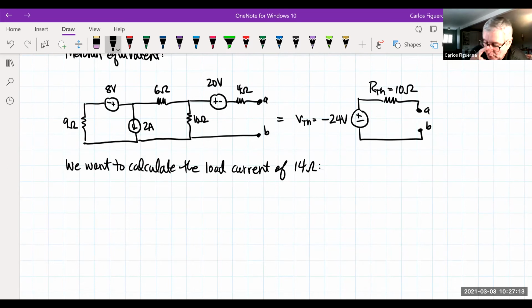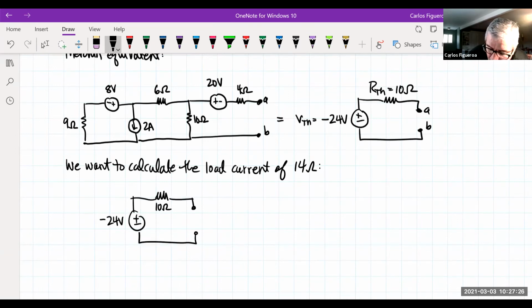So that means here that this circuit then reads minus 24 volts. And this is 10 ohms. And now I put in my load. And my load here is 14 ohms.